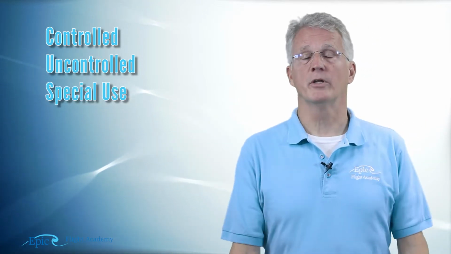Right now in this video, we're going to take a look at the first three types of controlled airspace. Now, airspace is referred to by letters of the alphabet, and we use A through G, alpha through golf. So let's take them in order.